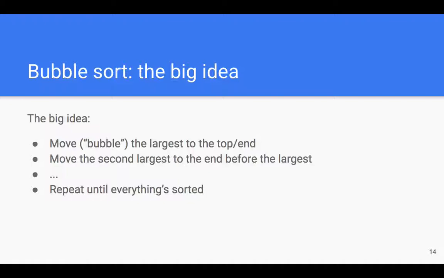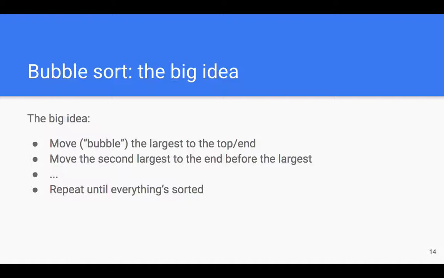All right, so bubble sort, how does it work? The idea of bubble sort, like I said, is fairly simple. It does this in many rounds. In the first round, it finds the largest one in the list and moves it to the top or the end, depending on how you look at it. That's why it's called bubble sort, right?